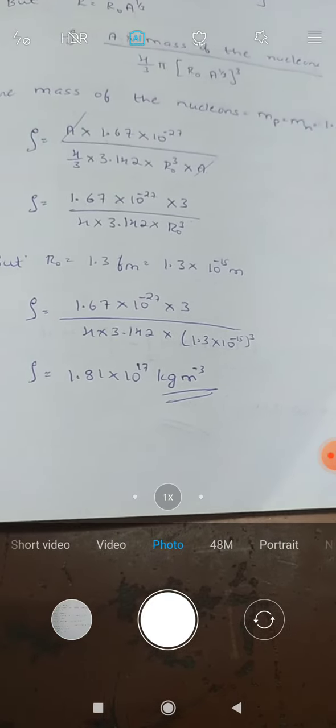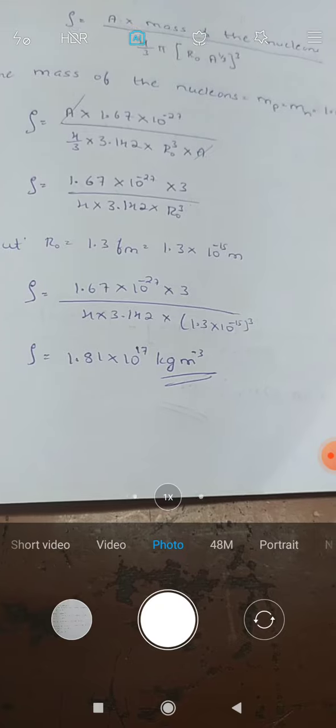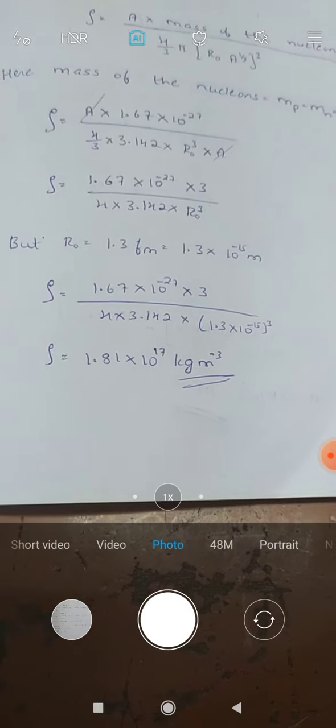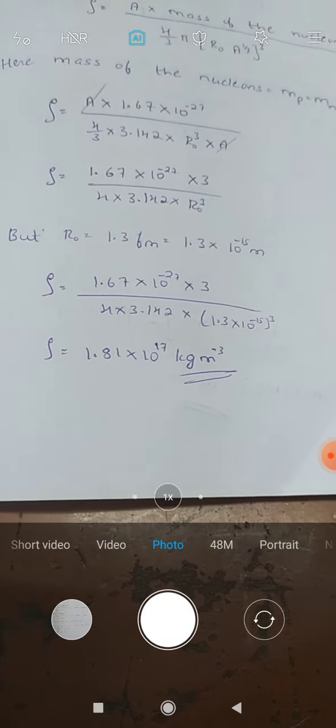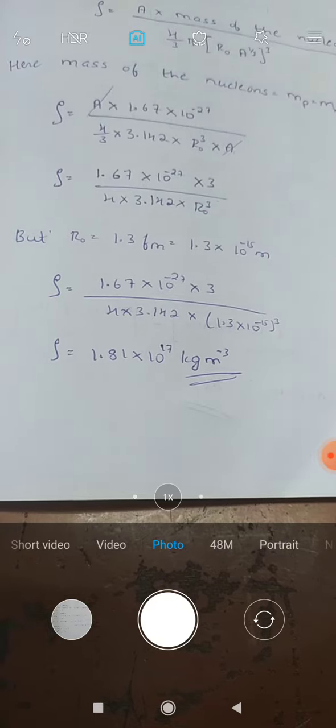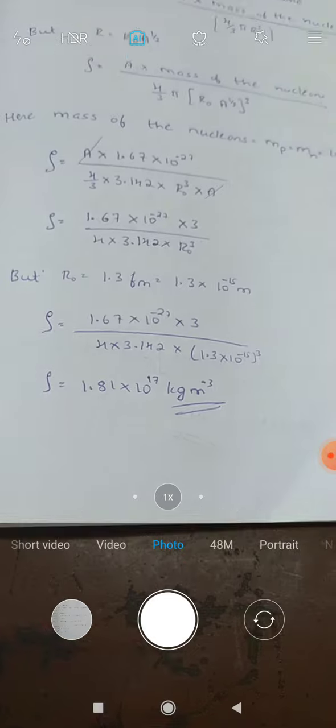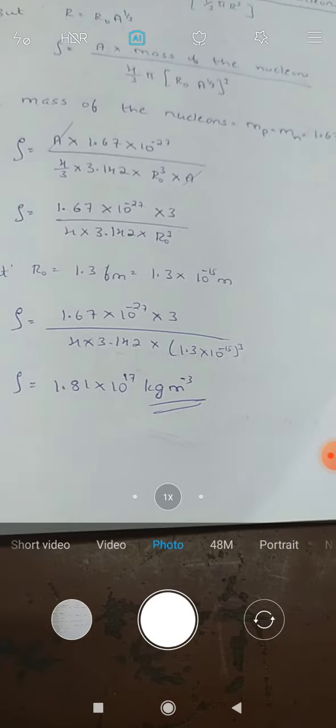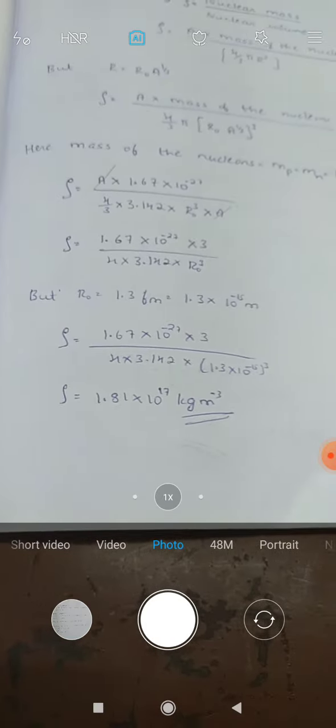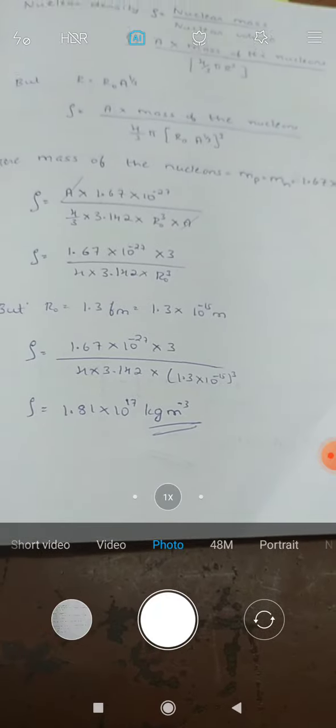So simplify this value. We get the value of nuclear density rho is equal to 1.81 into 10 to the power of minus 17 kg per meter cube, because the nuclear density expression is nuclear mass divided by nuclear volume.